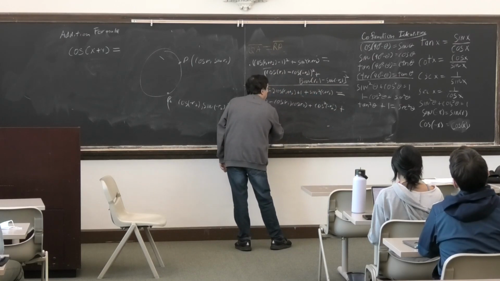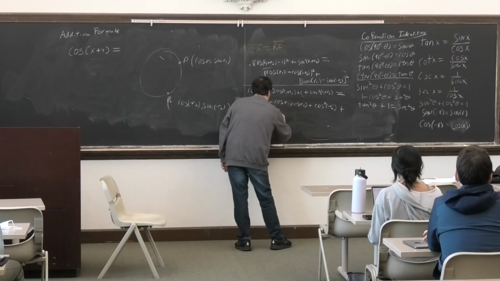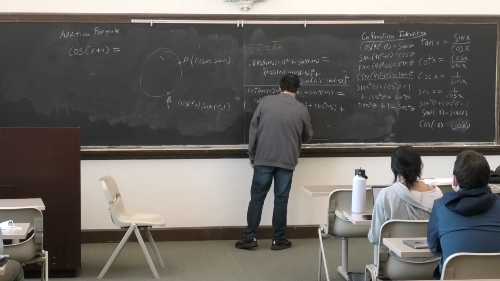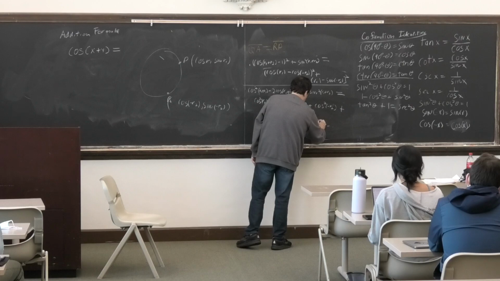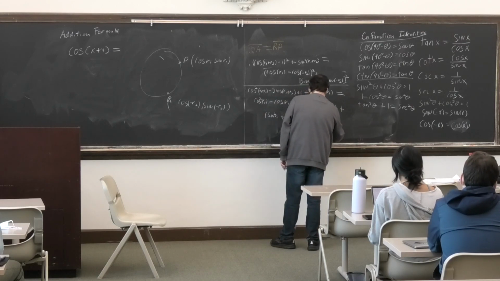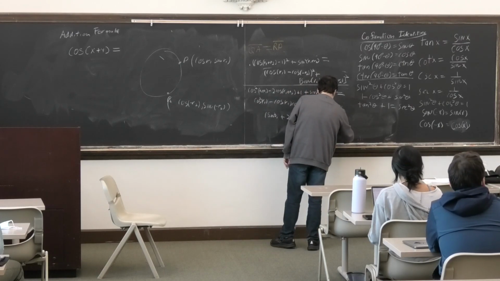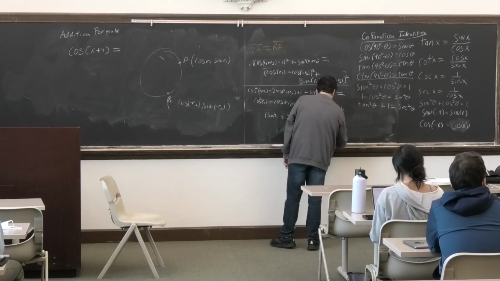Plus sine R1 squared plus 2 sine R1 sine negative R2 plus sine negative R2 squared. Okay.